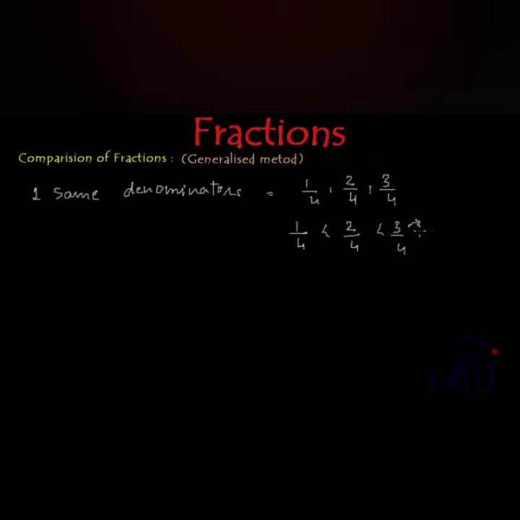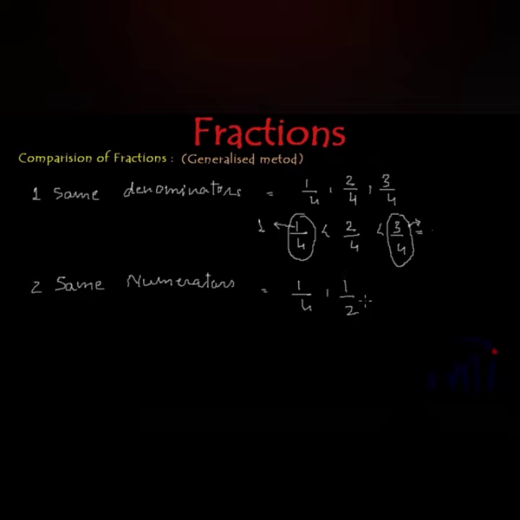So the fraction which has bigger number in the numerator actually holds the bigger value, and the fraction which has smaller number as numerator, like this one has 1 as numerator, this is smaller than 3 by 4, right? And then we had learned one more method where we had same numerators, like we had 1 by 4, 1 by 2, 1 by 3, or 1 by 5, right?